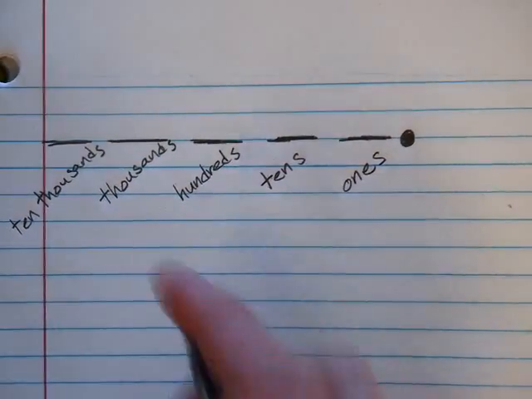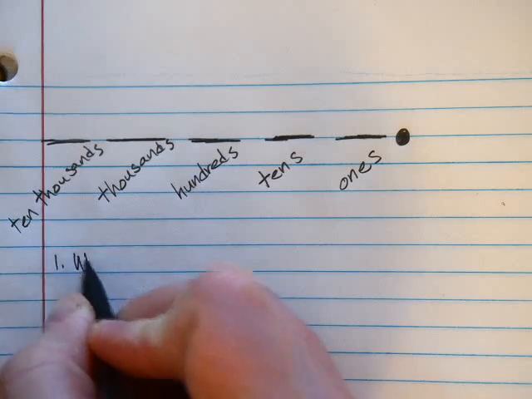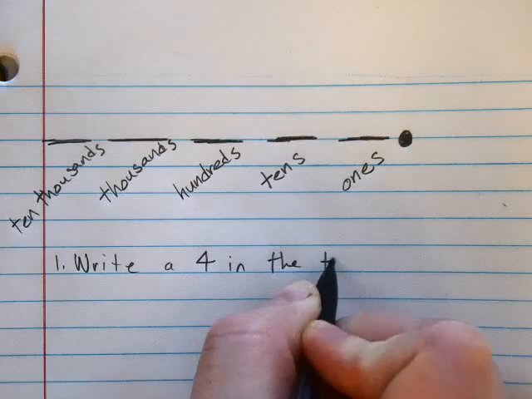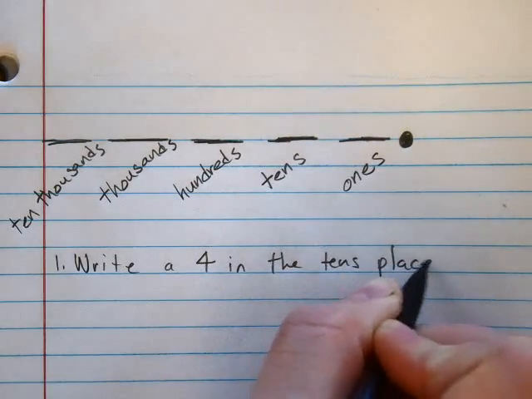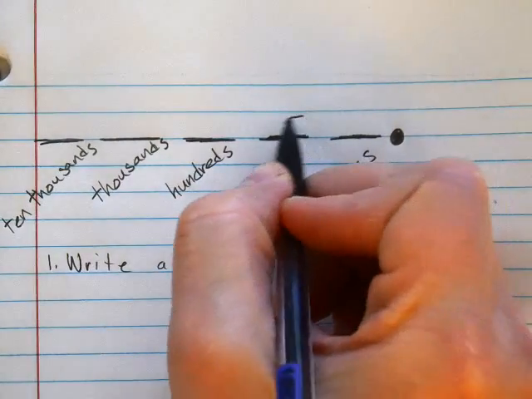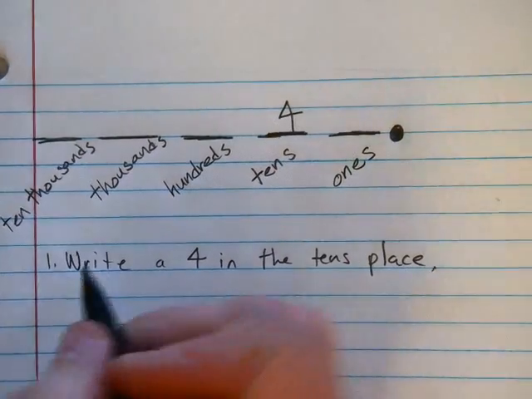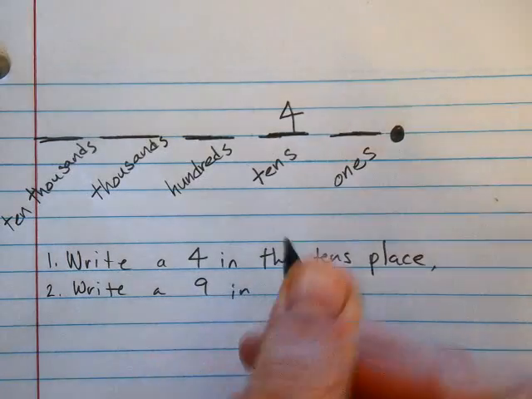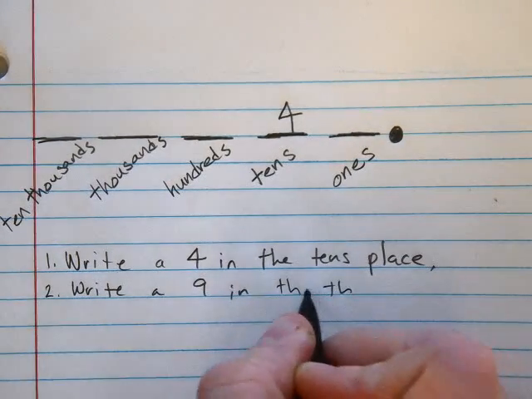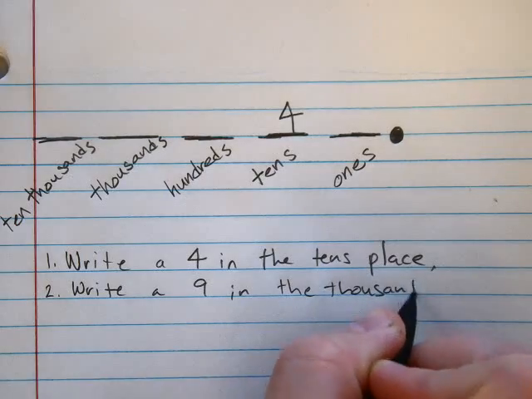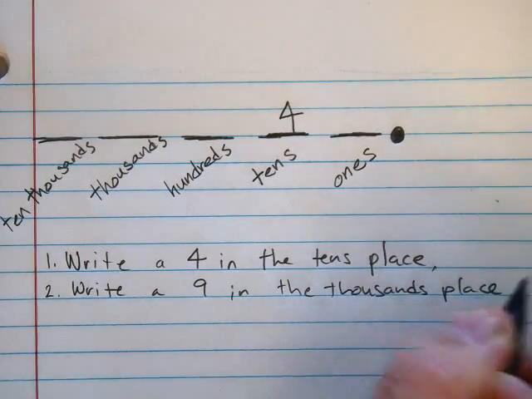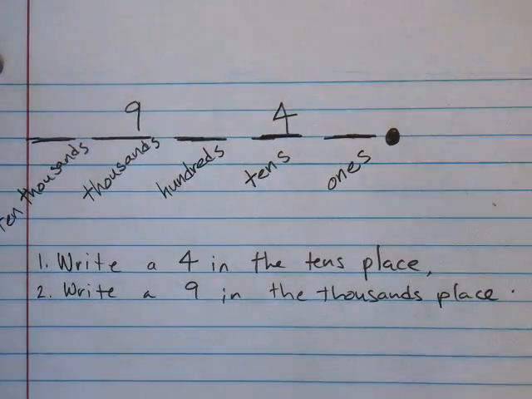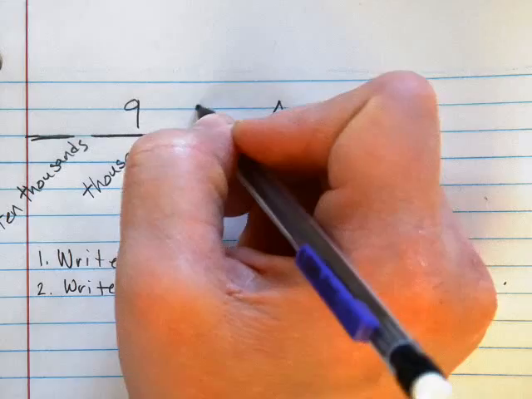So if it said, write a 4 in the tens place, you would simply take the number 4 and put it right up here in the tens place. Their next direction was write a 9 in the thousands place. You would simply write the 9 right here in the thousands place. Some of these numbers might be filled in for you. Let's say we had a 3 here.